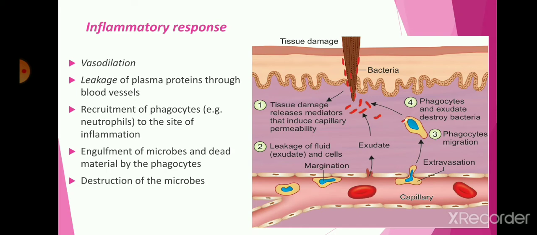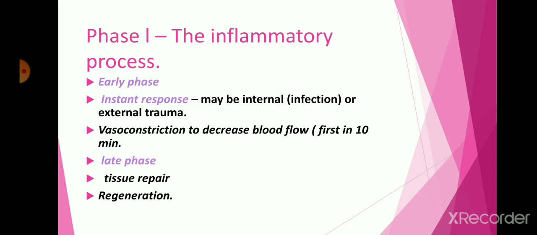Basically, inflammation has two main phases, the early phase and the late phase. In the early phase, whenever we get an injury, an instant response occurs at the injured site, maybe from internal infection or external trauma, and the inflammation process starts. First it starts with vasoconstriction to decrease the blood flow.